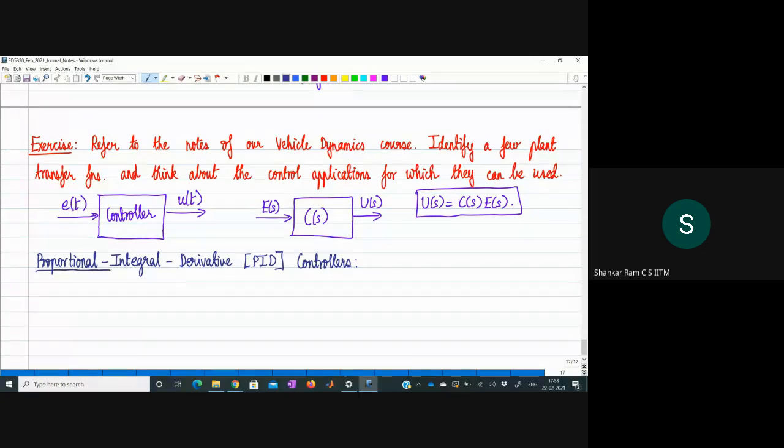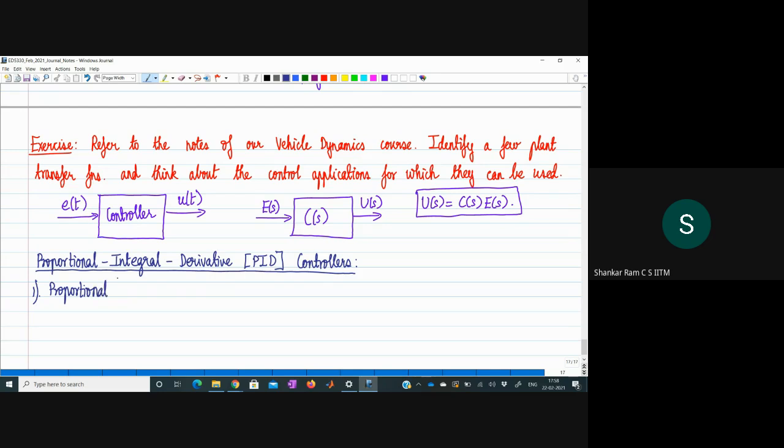So what is this PID controller? Proportional integral derivative controller. We will learn about them, and then we will learn about each term one by one. So first, let's look at this proportional term.